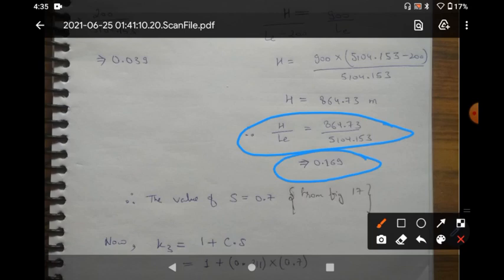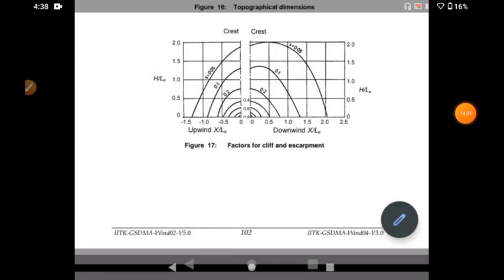So now to calculate the value of S, we will go through figure 17 in the code. Okay, this is the figure number 17. From here we can see that the hill is split into two parts.